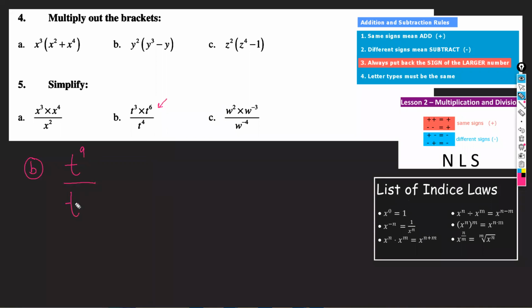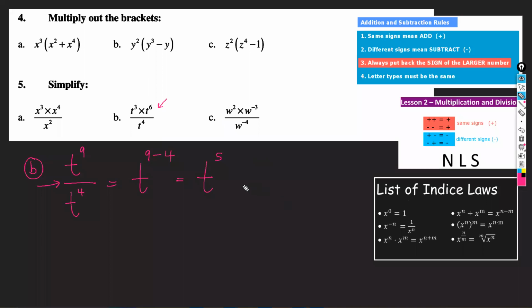And now you have t to the power 4. It's a divide, right? So what you're going to have to do now is minus the powers. Take the top and minus the underneath, and you're getting t to the power 5. Right? So I think a lot of people got that, right?